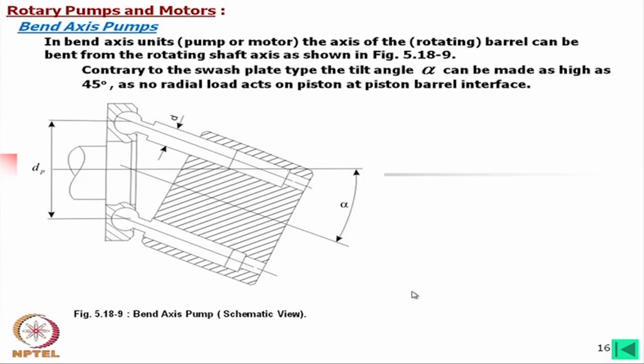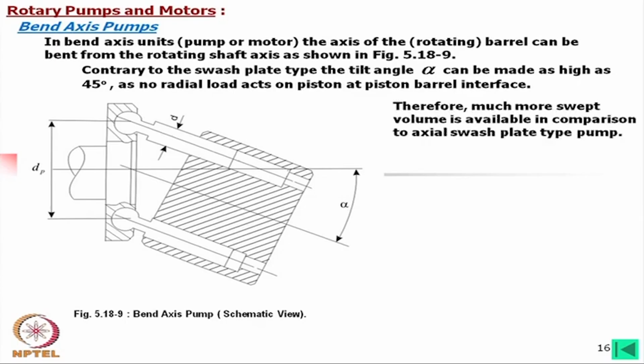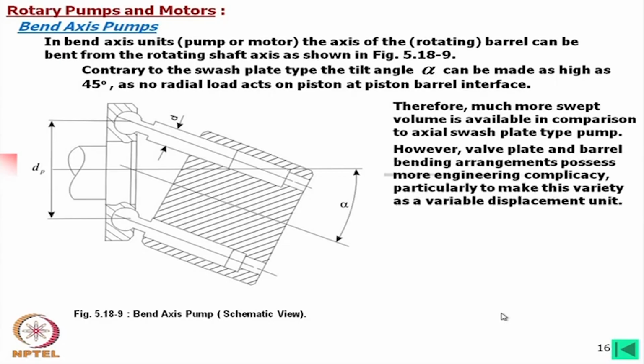Already I have explained this alpha can be made 45 degrees. So much more swept volume is available in comparison to the axial swash plate type, but the valve plate and barrel arrangements are expensive.